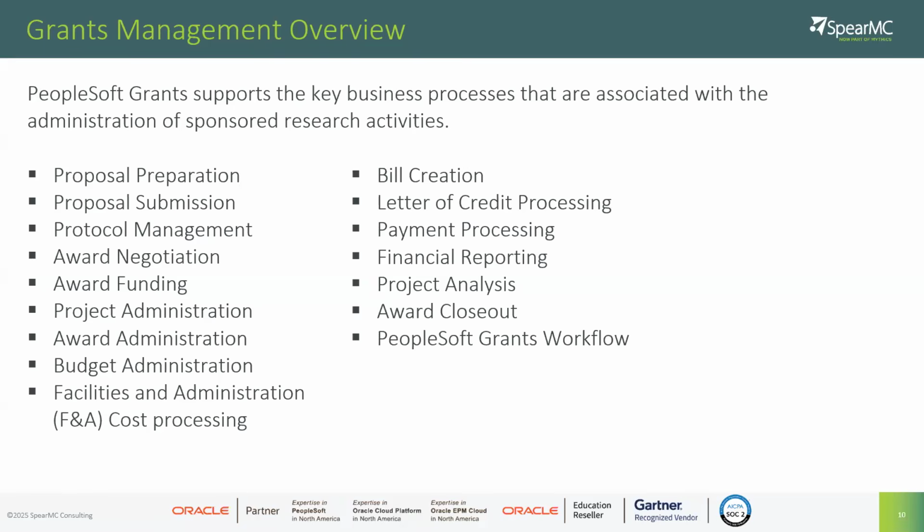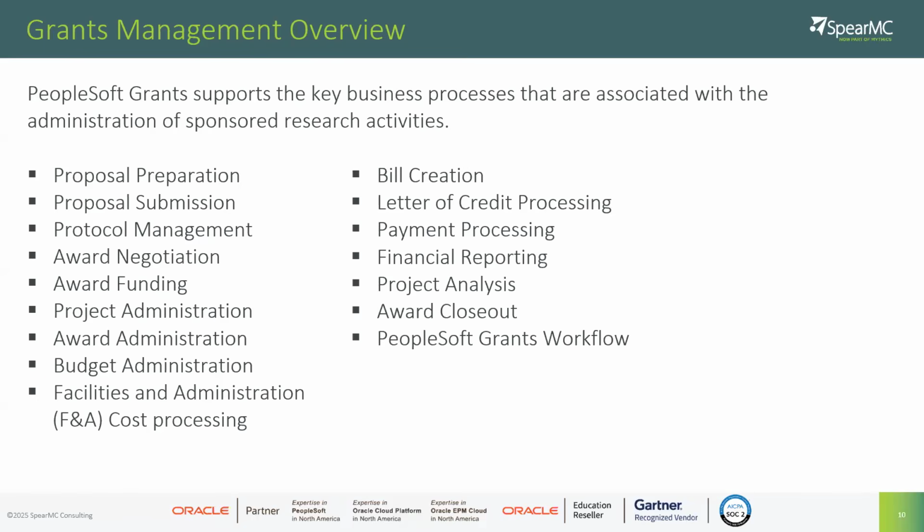So with this functionality, we have the ability to enter and track our proposals and track the submission status. There's a little mini module within grants for tracking IACUC and IRB approvals, and the ability to track your award negotiations. Once you receive the award, we can manage our funding, our project, our award, and our budget.